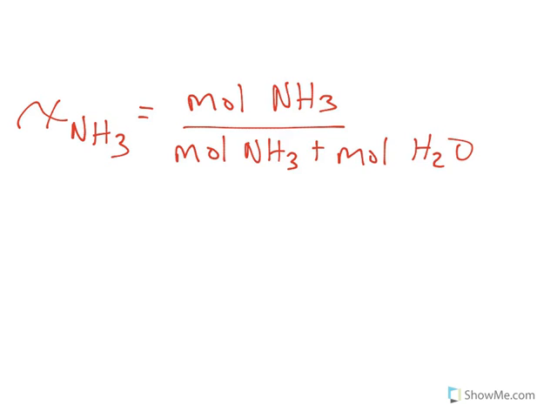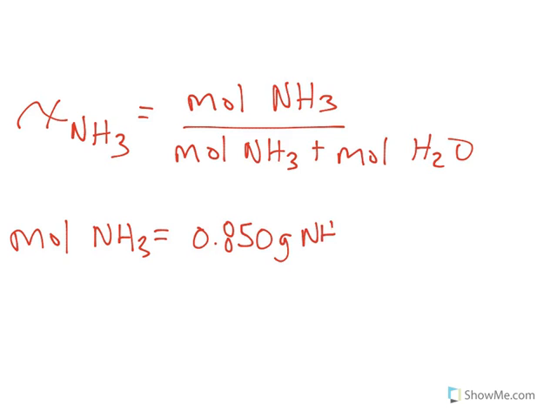So now what we're going to need to do is convert our masses of ammonia and water into moles. All right, so the moles of NH3, we have 0.850 grams NH3. And to convert grams to moles, we need the formula weight of ammonia.